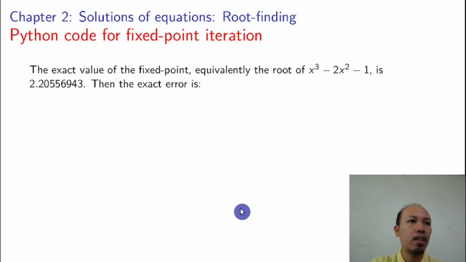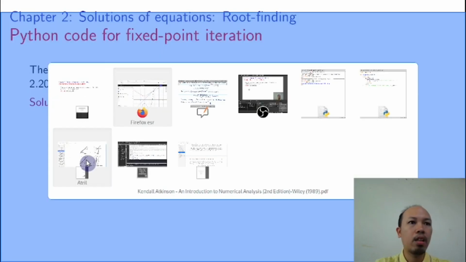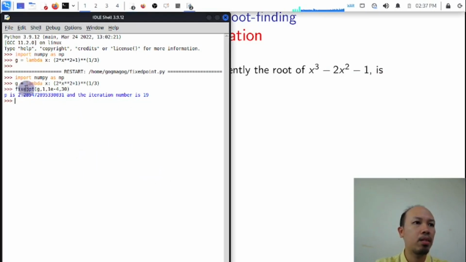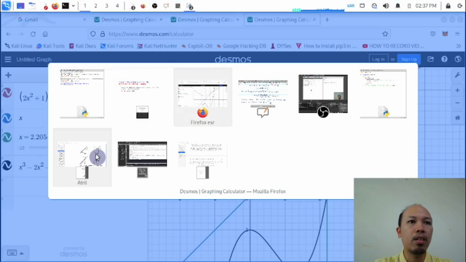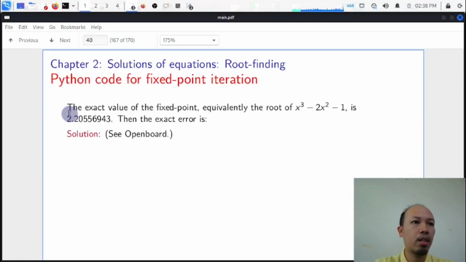Okay, so the next is the exact value of the fixed point, equivalently the root of x cubed, this one, as I discussed, and the error is, let's go to our f4 and then try to get the difference, this one here, copy, minus, skip this one here.